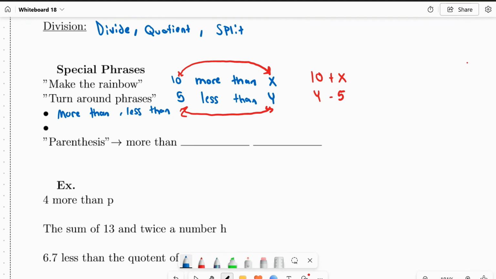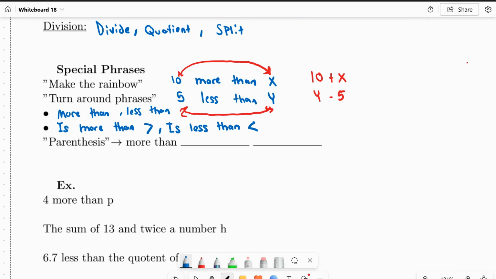If you see is more than, that means that we will use a greater than symbol. If you see is less than, we will use a less than symbol.